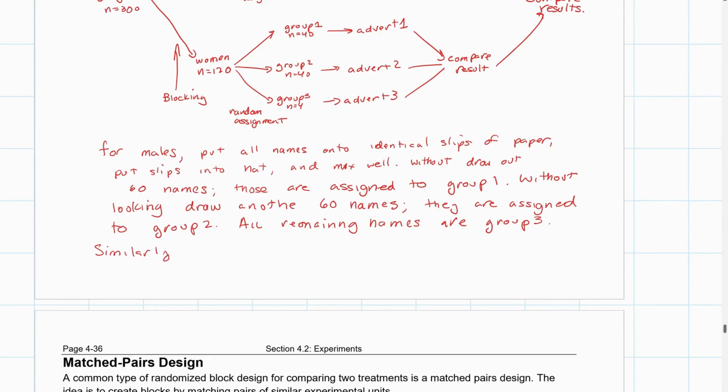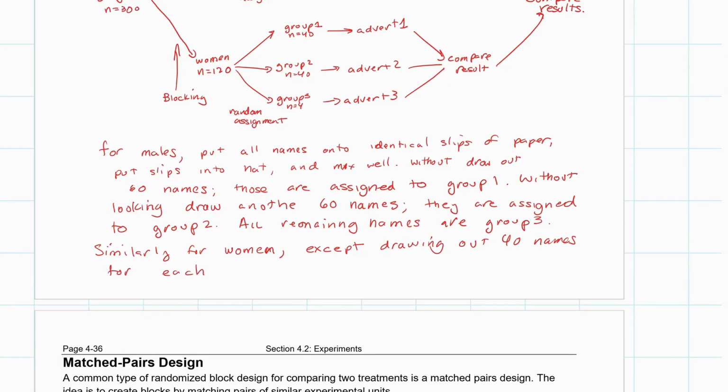Similarly, for women, except drawing out 40 names for each group.